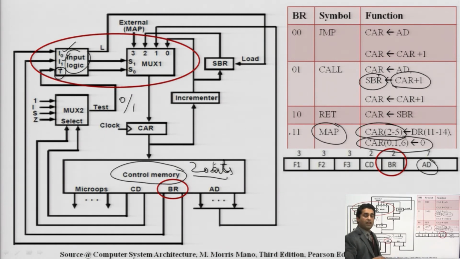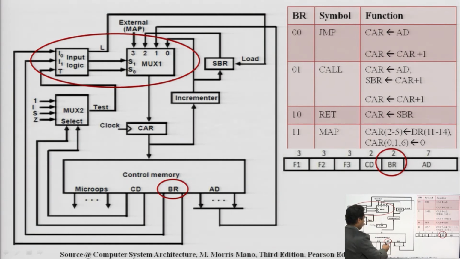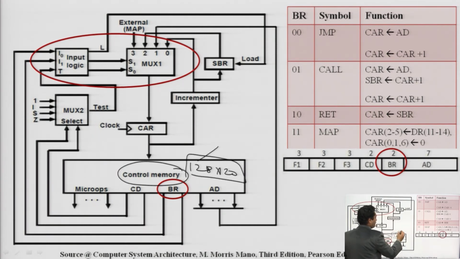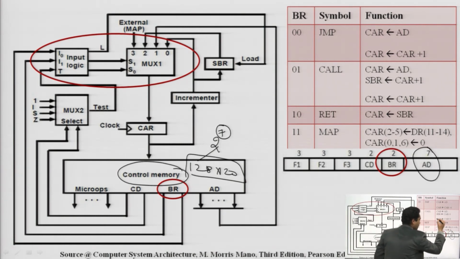So this is the address of which part? Basically this is the address of our control memory. If I focus on the control memory, the size of control memory is 128 into 20. This 128 is represented by 2 raised to the power 7. That's why the address is of 7 bits.